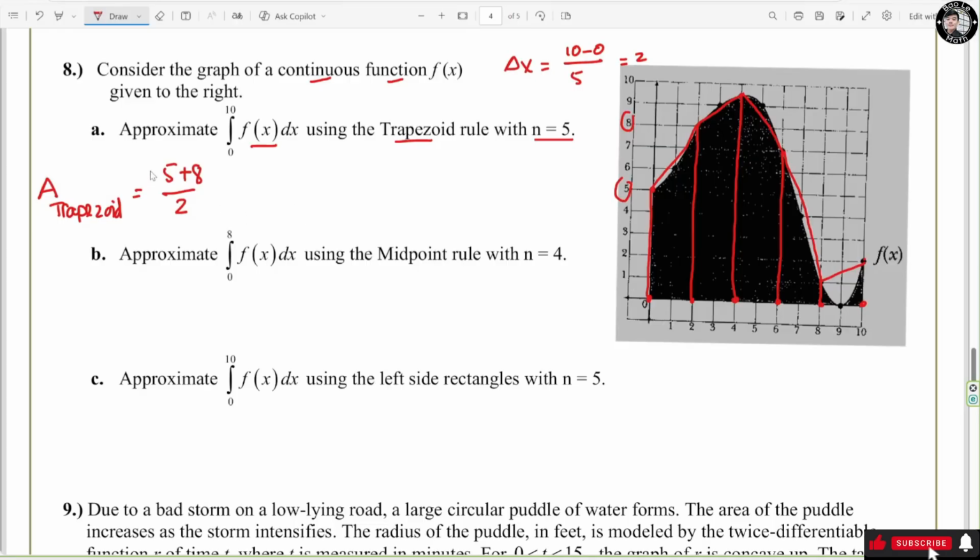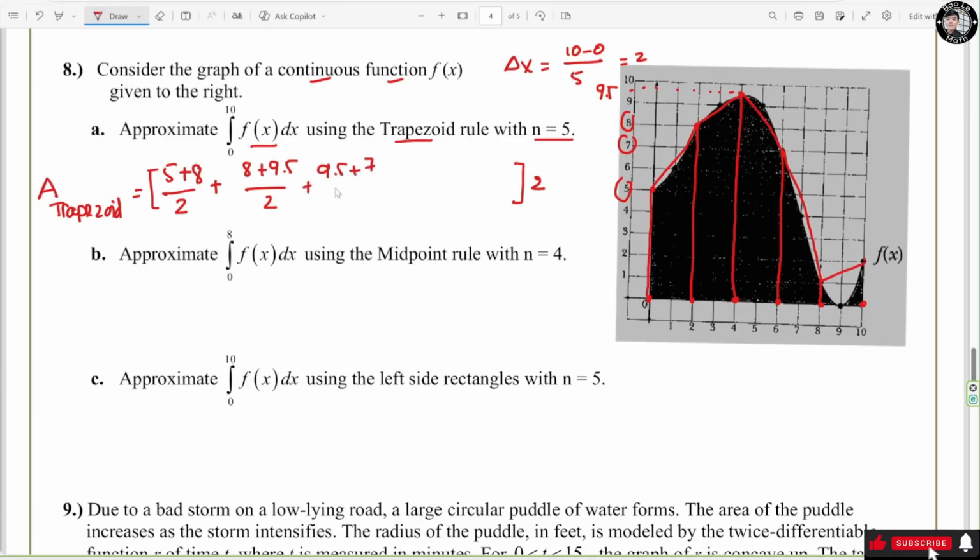So I'm going to factor 2 outside, plus the next one. The bases are right here and right here, so this is about 9.5. So you have 8 plus 9.5 divided by 2. Next one, 9.5 plus 7 right here.